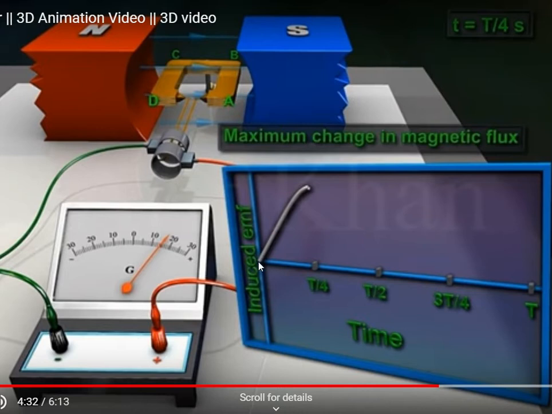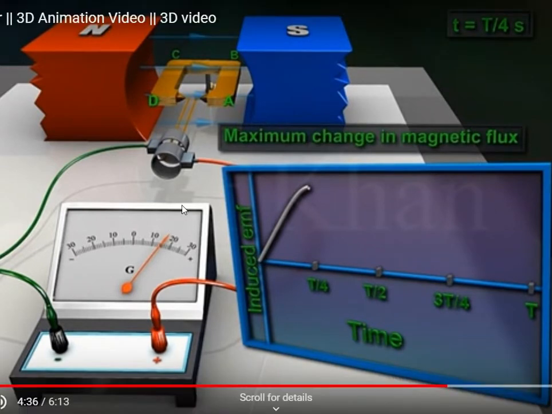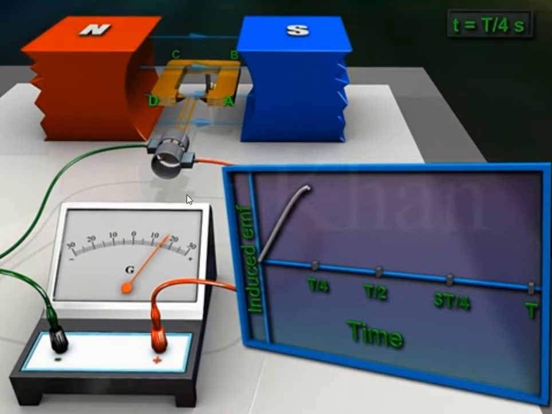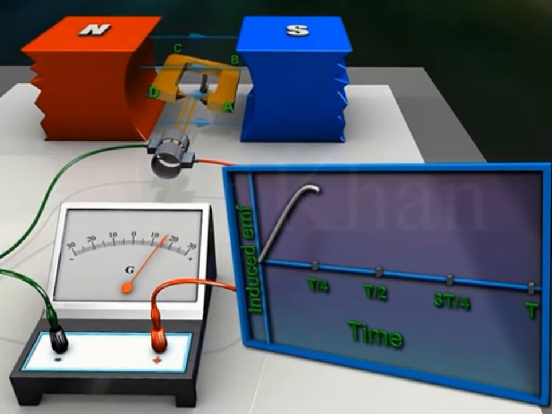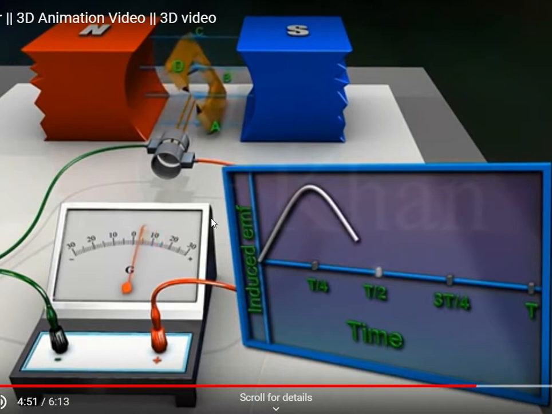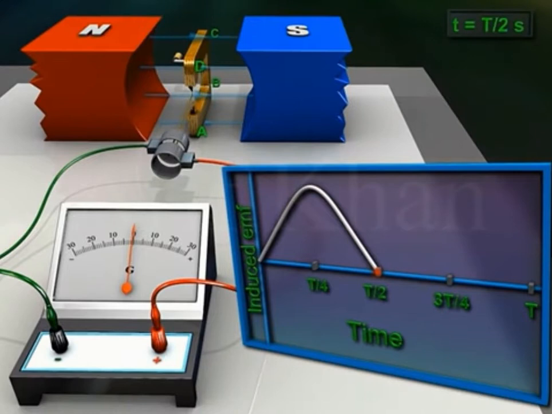When it is parallel, EMF is 0; when it is perpendicular, EMF is maximum. During the second quarter rotation, the induced EMF decreases. Then at time t upon 2, the armature again becomes vertical and therefore the induced EMF is 0.